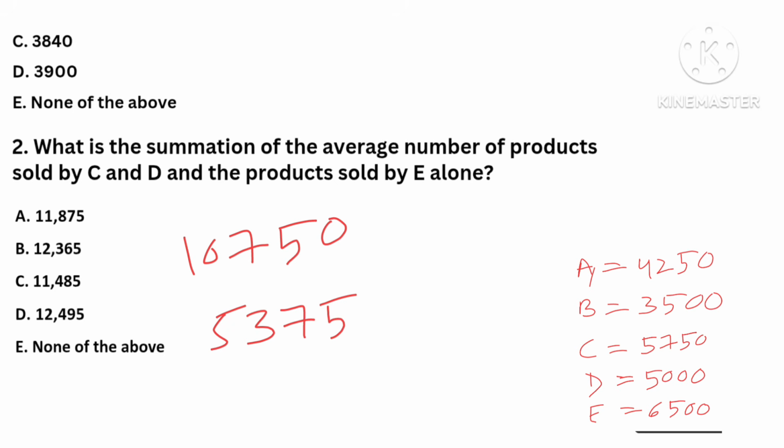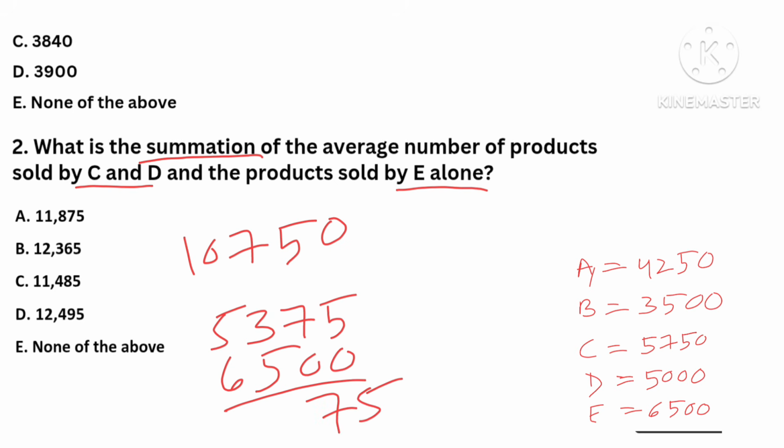This is the average of C and D, and the product E alone is 6500. The sum of these two is 11875. Option A is the answer for this question.